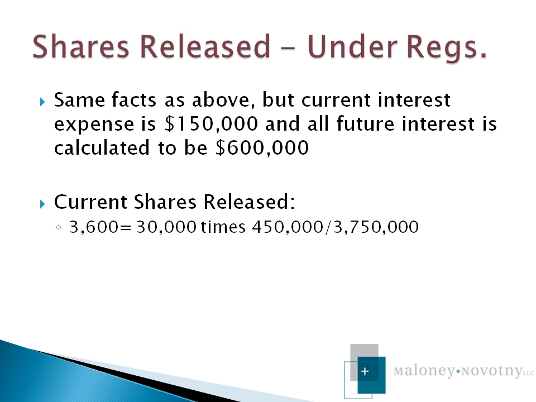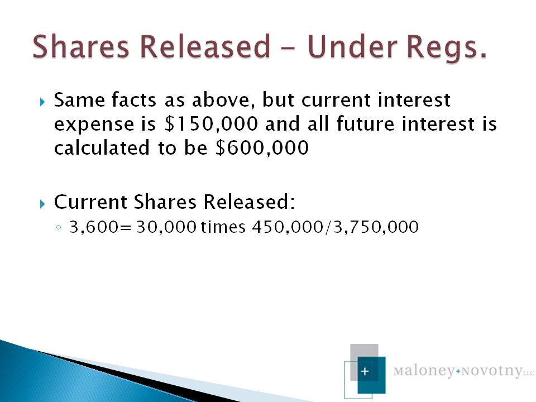Okay. Under the regs, if we took the same assumptions and we added some interest expense to it, you can see how our numbers would change. We would add some interest to the current year payment. We would account for the total interest incurred throughout the course of the loan, and you can see it actually results in more shares released on the front end. So you can start to see when you apply some of these assumptions how things change if you're applying principal only or principal and interest to the share release.